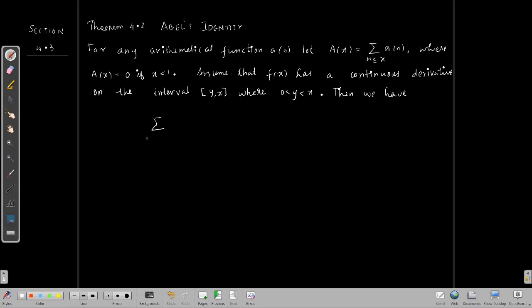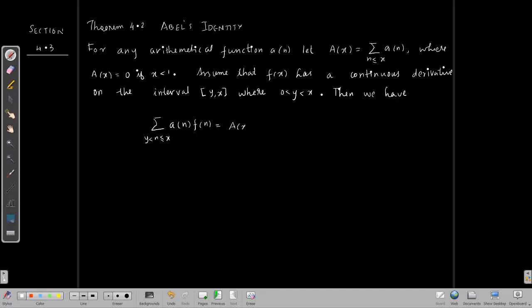The summation over y less than n less than or equal to x of a of n f of n, so this is a discrete sum, is related to the continuous sum, the integral.